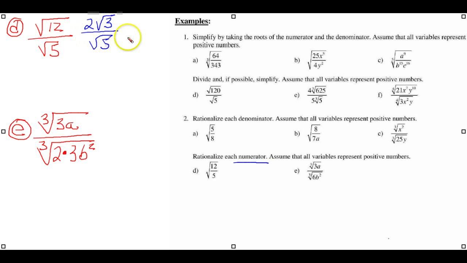So now to rationalize this, all I need to do is multiply this by the square root of 3, and the same in the bottom. So this becomes square root of 9, which is 3. 2 times 3 is 6 over the square root of 15.